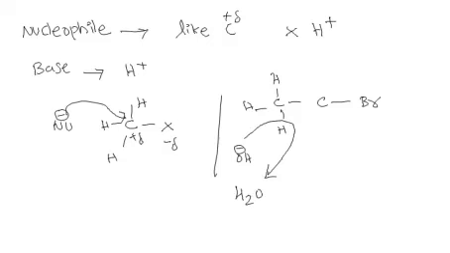These bonding electrons will become the pi bond in between two carbon atoms, and this bromine leaves from the substrate. So this is the leaving group. After elimination, removing this bromine, it will form a double bond in between two carbon atoms. So that is the basic difference between the nucleophile and the base.